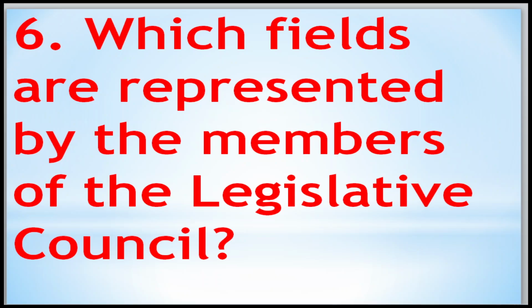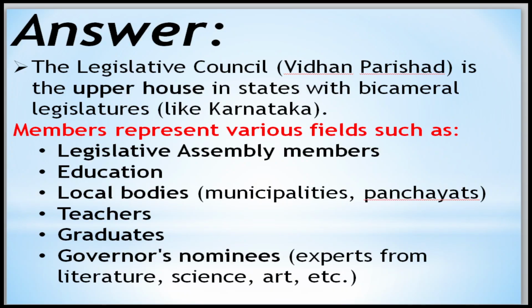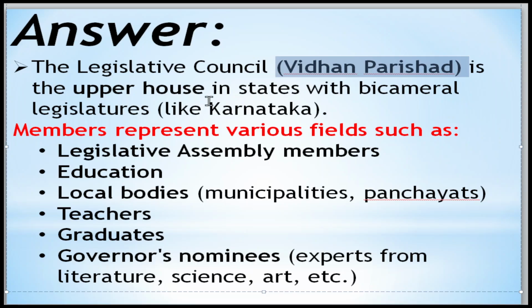Which fields are represented by the members of the legislative council? So the answer is: the legislative council, Vidhana Parishad, is the upper house in states with bicameral legislatures. Bicameral means, I hope, in a legislature you have two types, bicameral legislature and unicameral legislature.